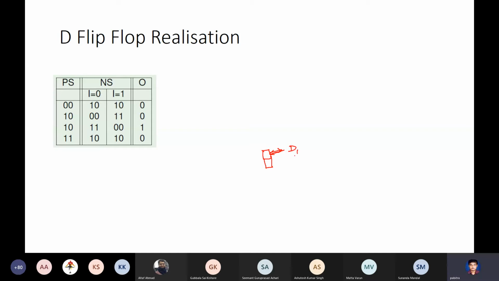I have D1 for the first flip-flop and D2 for the next flip-flop, and I have Q1 and Q2. I'll ask you to draw two circuits.